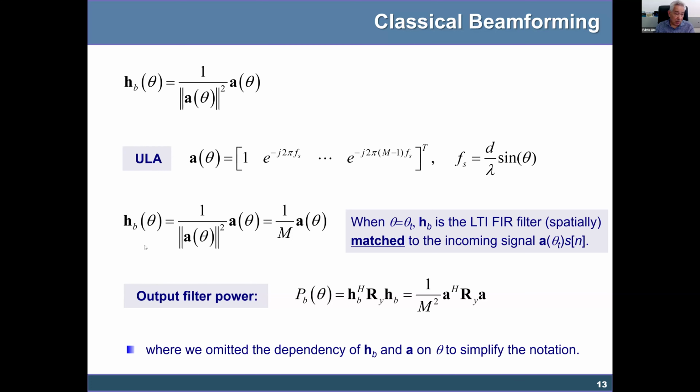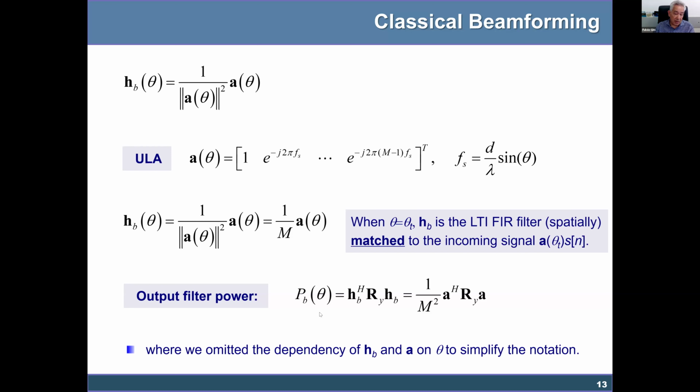And so in other words, what is called the classical beamformer is nothing but a matched filter, but matched in the spatial domain. So it's proportional to the spatial steering vector. So it's proportional to the received signal at the output of the array in the spatial domain.